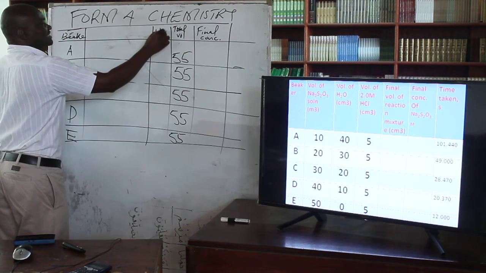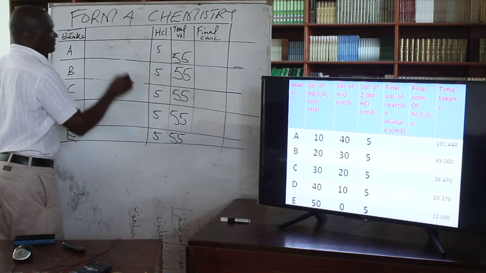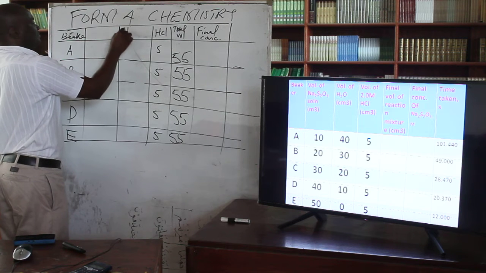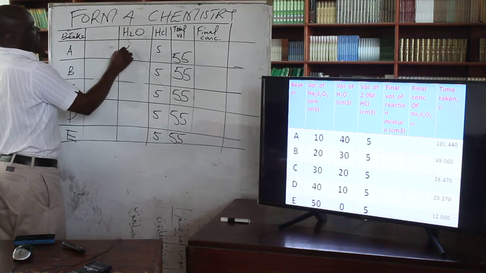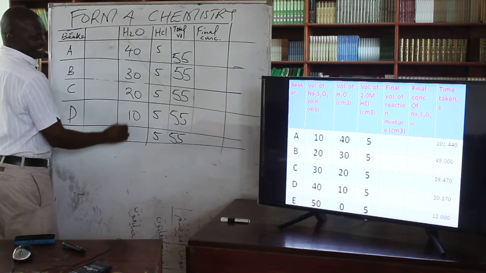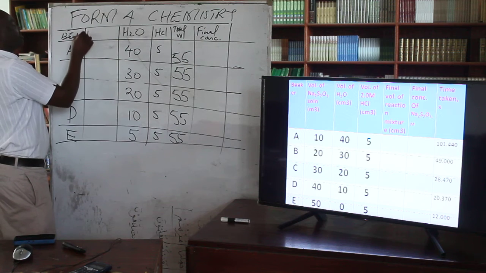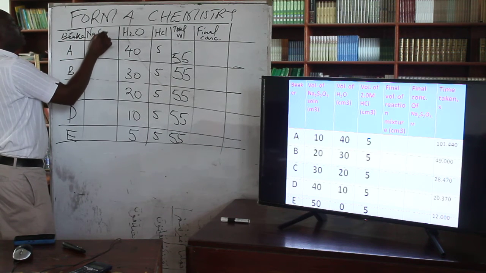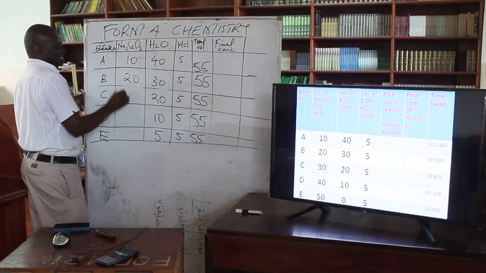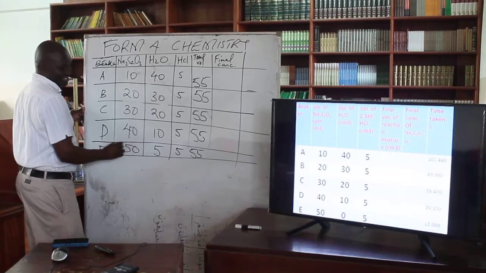So HCl was 5, 5, 5, 5, 5. Water was 40, 30, 20, 10, and 0. And sodium thiosulfate was 10, 20, 30, 40, 50.